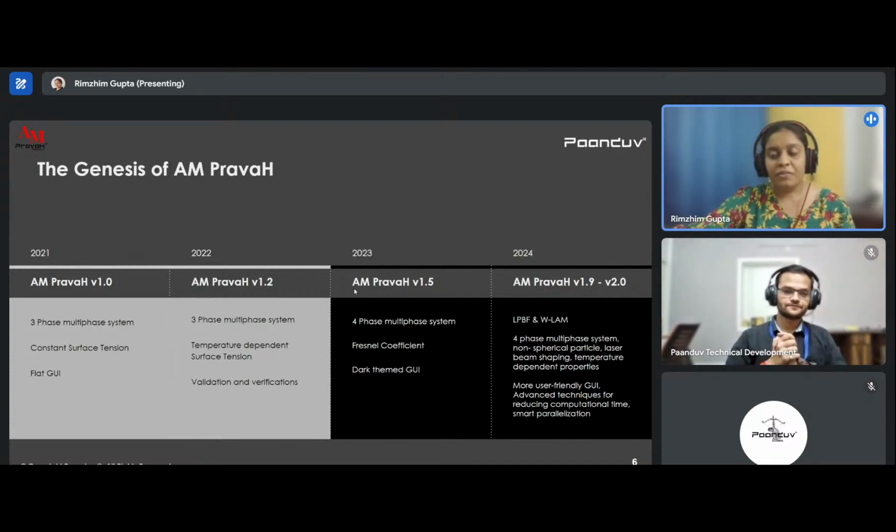Now we are in 2024, and we are going to soon launch our AM Prabha version 1.9 or version 1.2, where we are going to incorporate LPBF, which is laser powder bed fusion, with wire LAM.